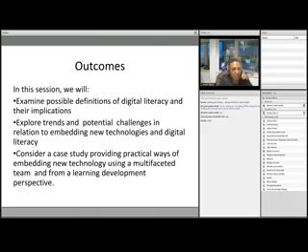So as well as looking at some of the trends and potential challenges in terms of embedding digital literacy, I'll offer up the University of East London as a particular case study where we've started giving every student a tablet to enable them to access digital literacy.